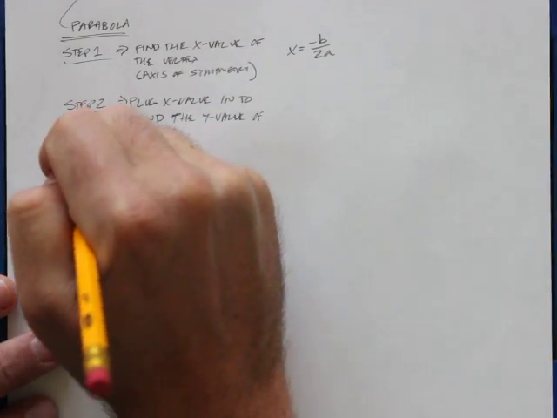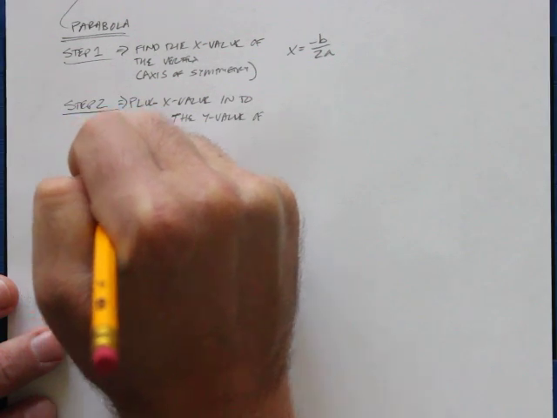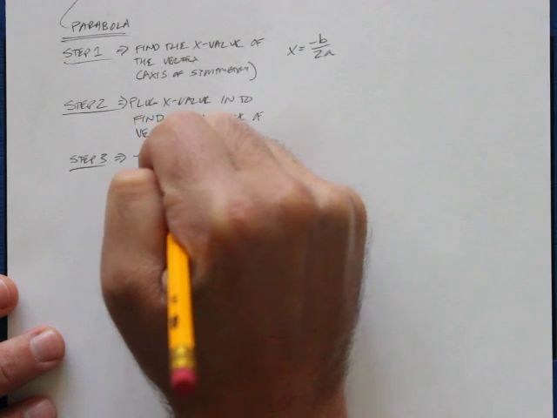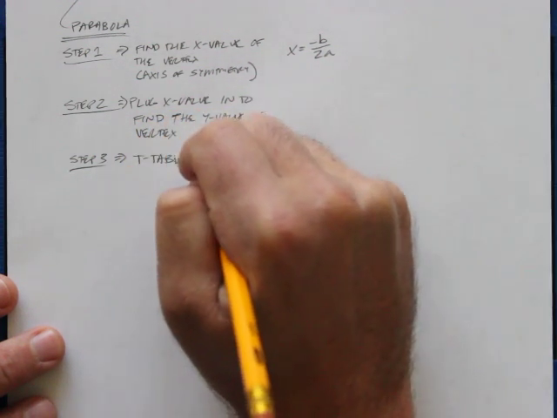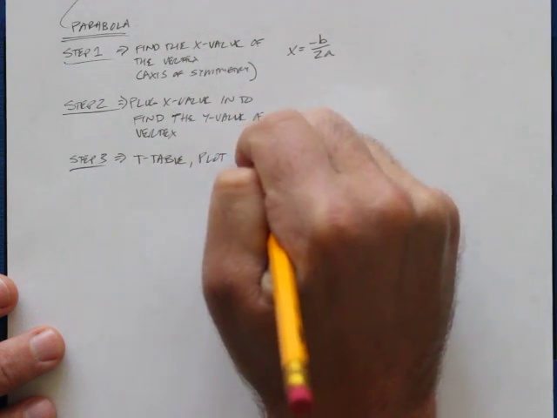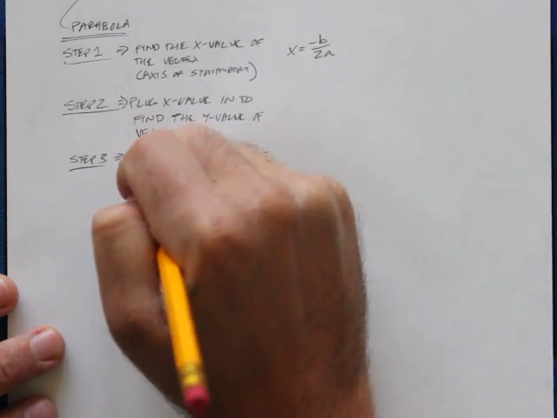Step 3. Use a t-table. Plot some points on either side. And then connect the dots.